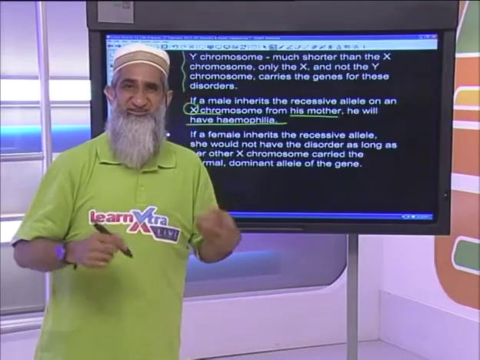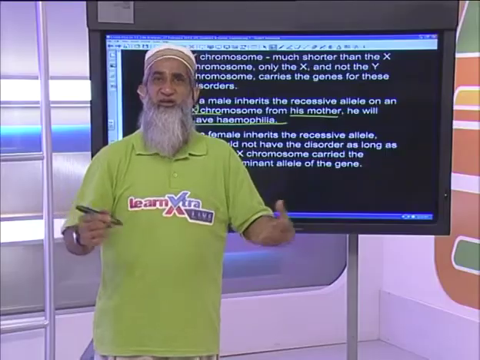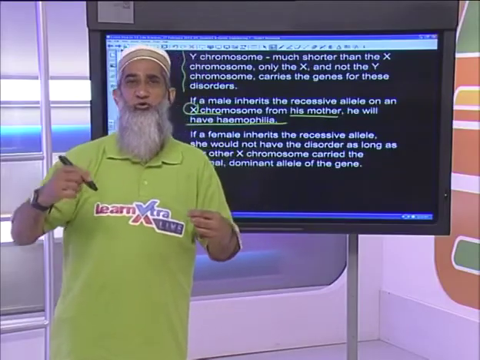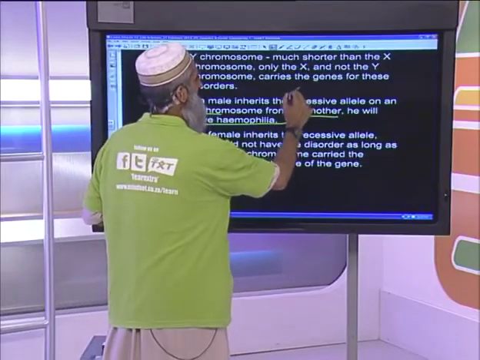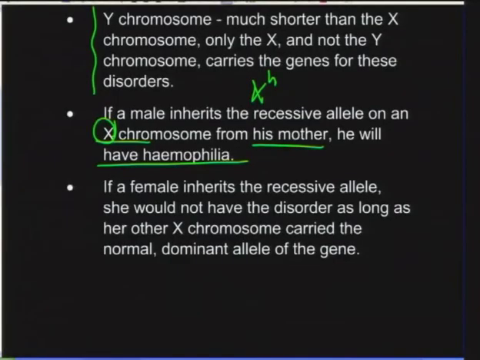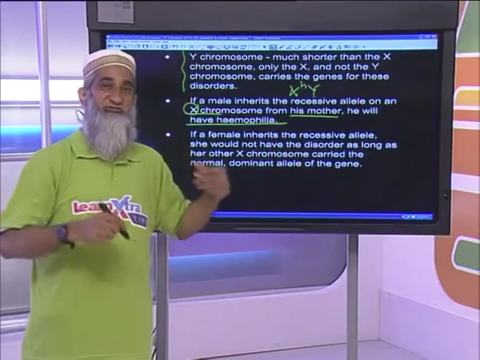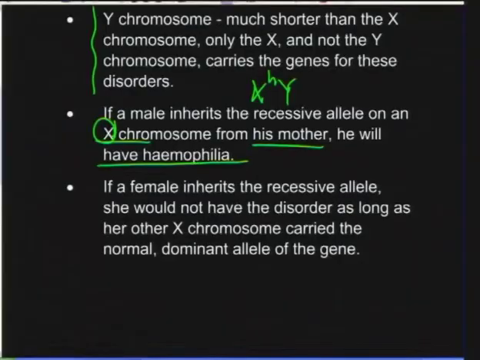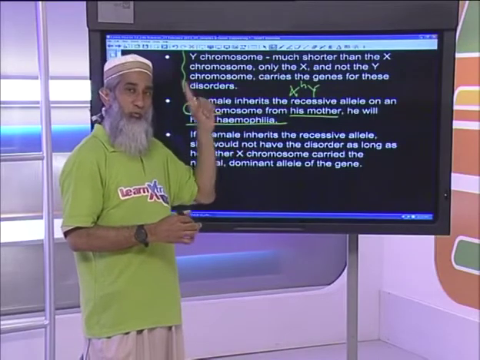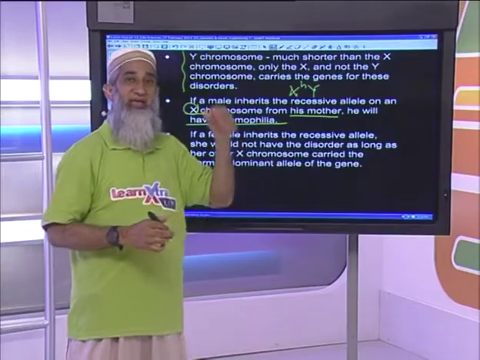Why, you ask? Because it's recessive. How come? I said last week that for the recessive characteristic to show, it must be homozygous. But let's take this case. He has received one X with a hemophilia small h superscript, and he has Y. I said earlier that the Y chromosome does not carry the hemophilia gene, so it doesn't even carry the normal gene. So because he doesn't have another gene to counteract this one, even though he has only one, that means he has it on the X chromosome, he has hemophilia.